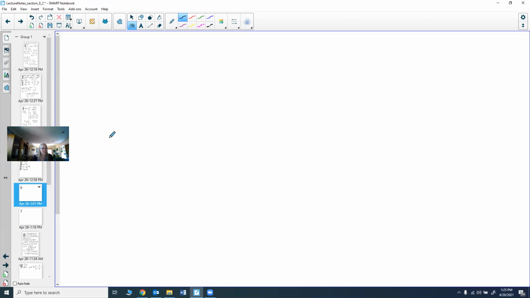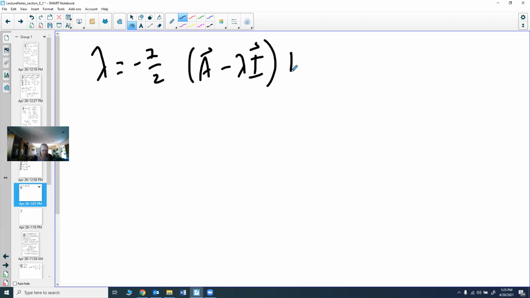We're going to do the exact same thing for the lambda equal to negative 7 halves. So we're going to do A minus lambda I times k, and that's going to equal the 0 matrix. So we have, again, my a was negative 5 halves.